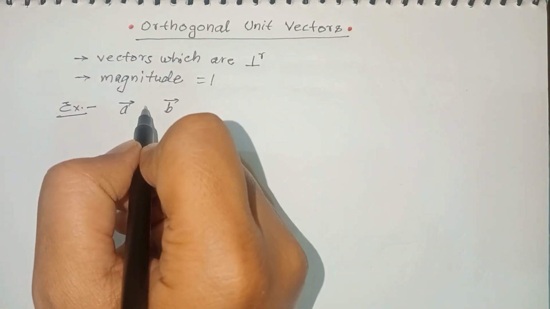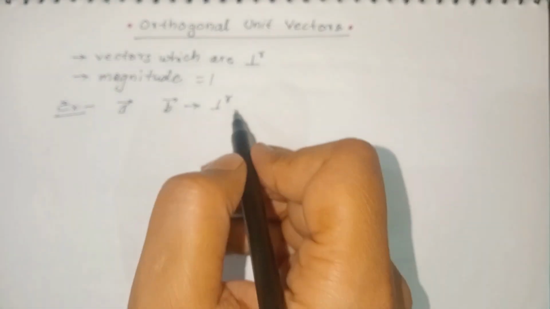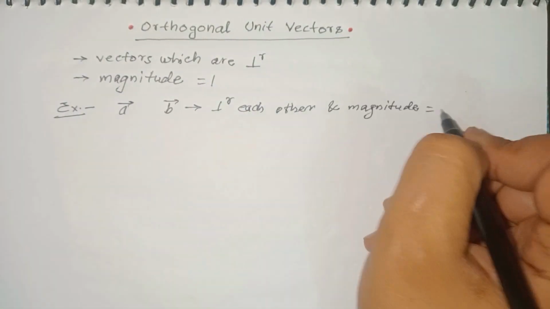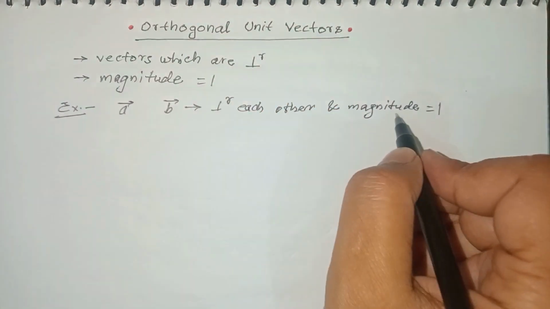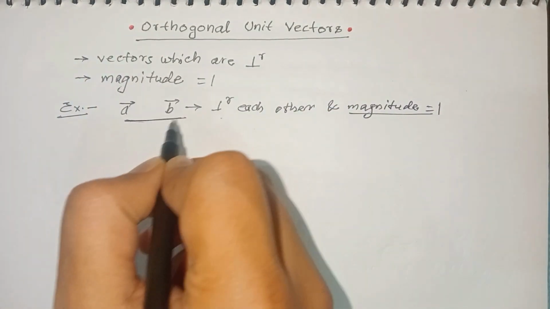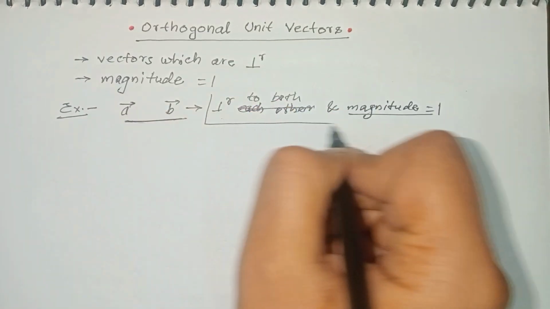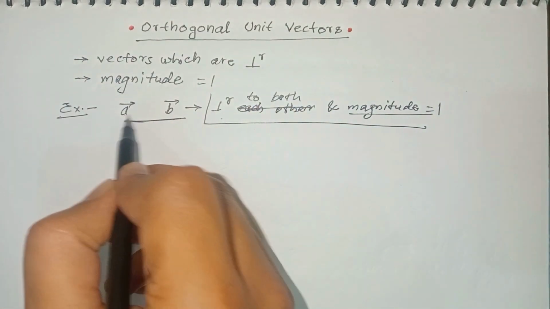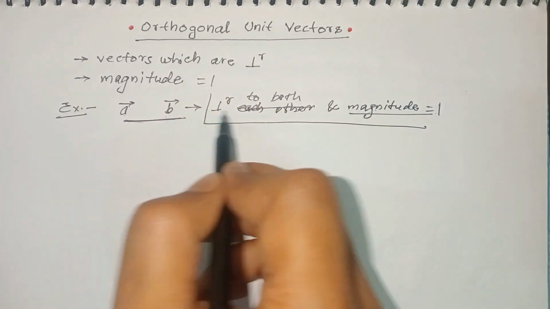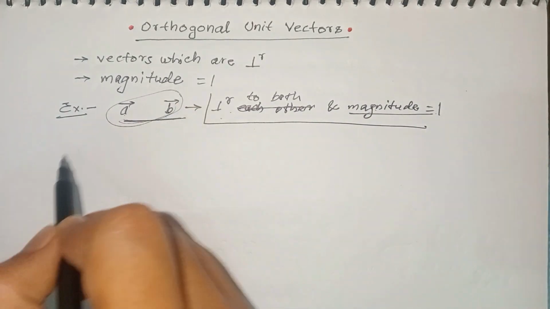If we get a vector perpendicular to both A and B and its magnitude is 1, then the vector will be an orthogonal unit vector along A and B.